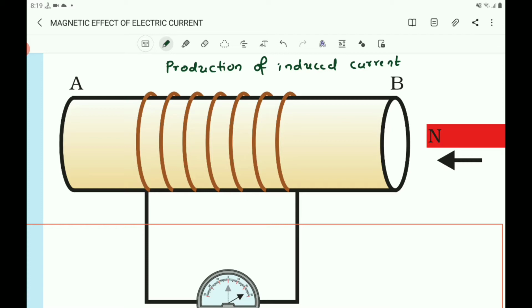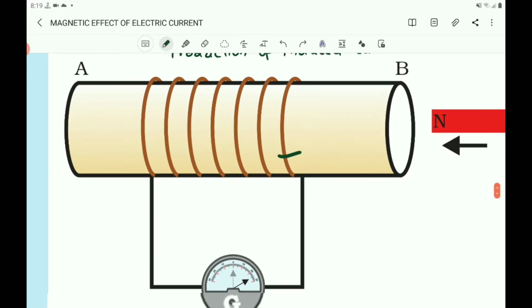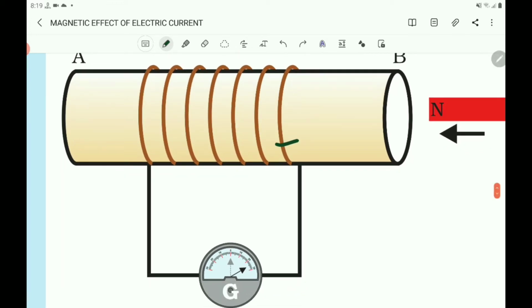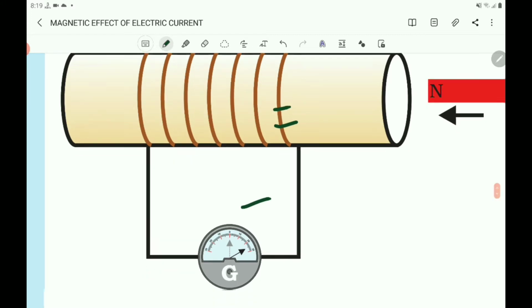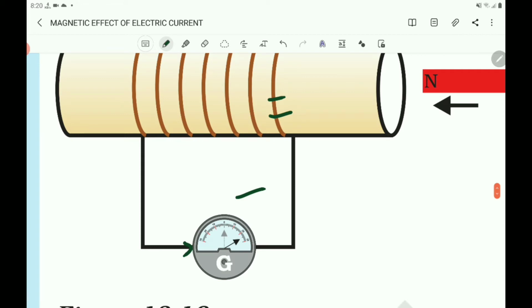So, let us perform an activity to observe this. Take a coil of wire AB having a large number of turns. Consider this is a coil, and connect the ends of the coil to a galvanometer.